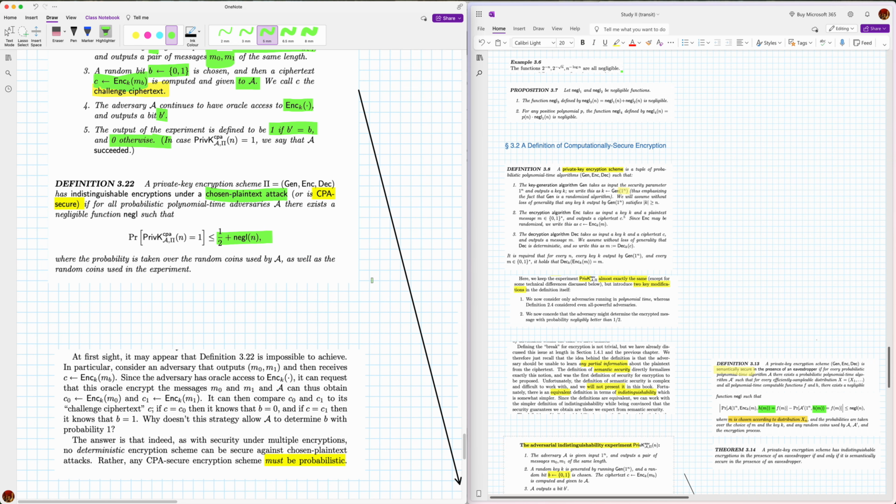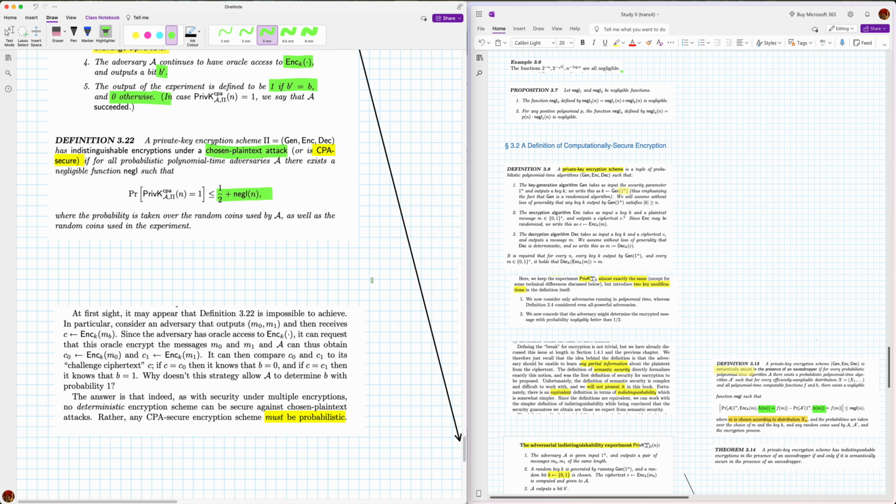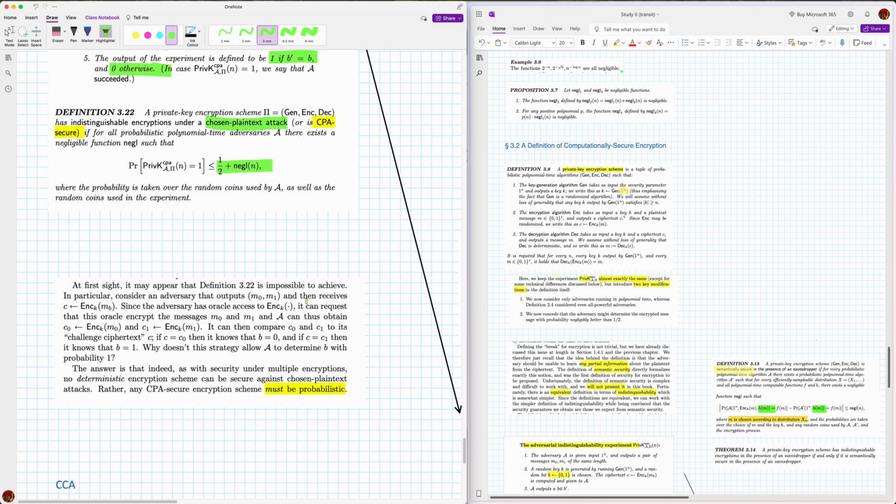There are some immediate observations here. First of all, it might look like this definition is impossible to achieve.